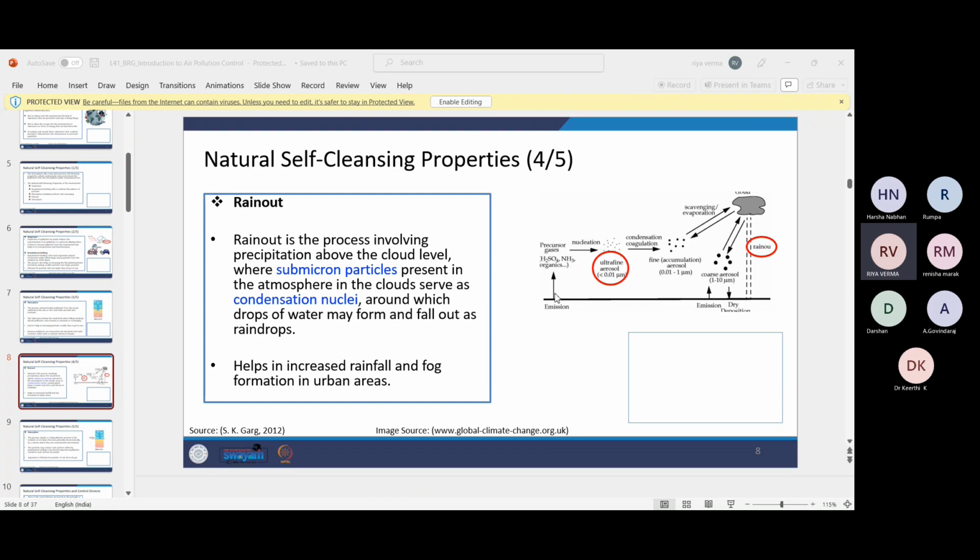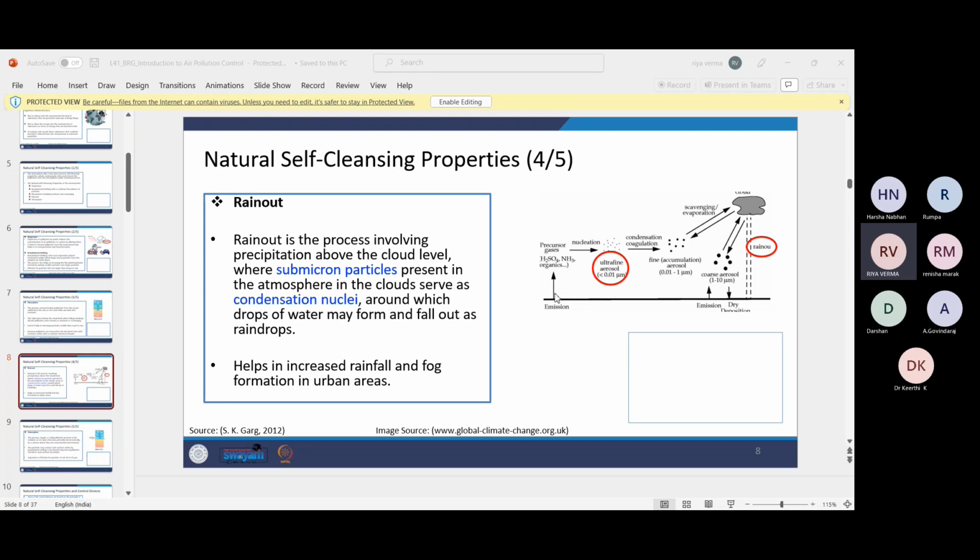What is condensation nuclei? Basically, these particles tend to attract the water droplets, and around these smaller particles, water gets attracted to them, and then clouds are formed. And when these clouds are formed, eventually they fall out as raindrops.